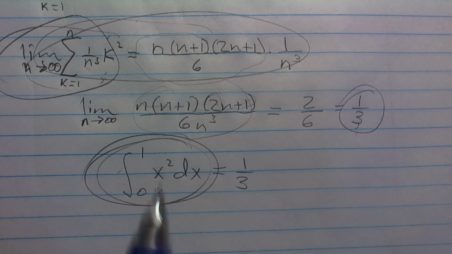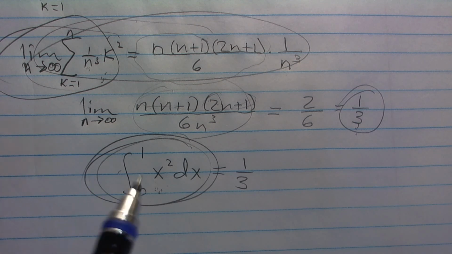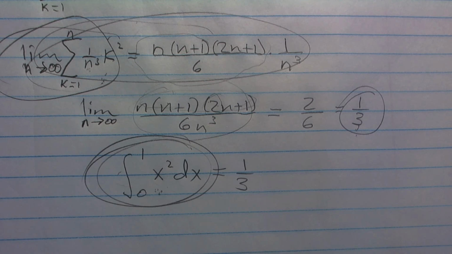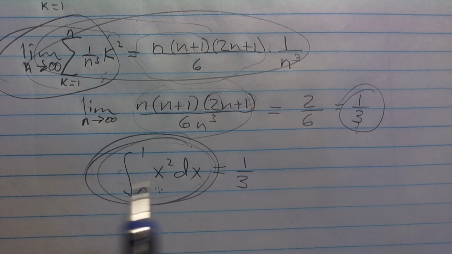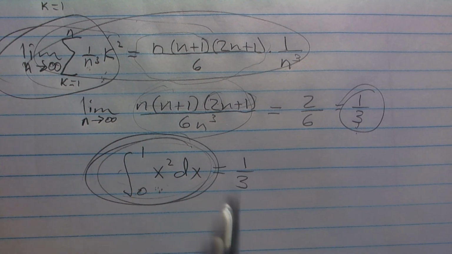And notice, just like we define the derivative to be the limit of the difference quotient, we're defining the definite integral to be the limit of a Riemann sum. So the foundation of all the talk we did with derivatives was a limit. The foundation of all that we're discussing with these integrals right here is a limit.